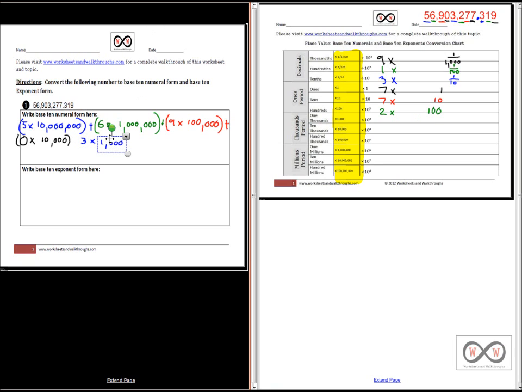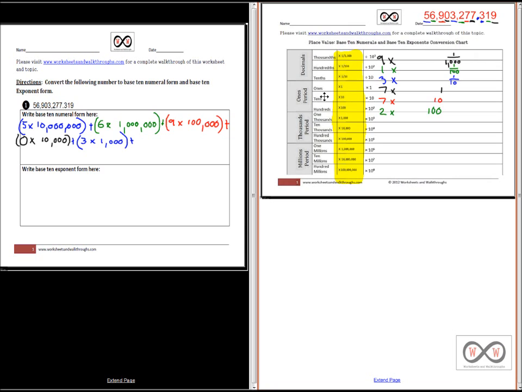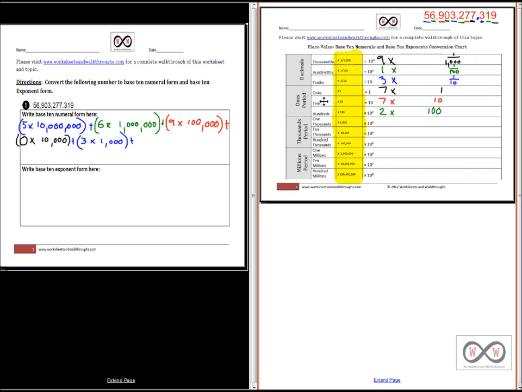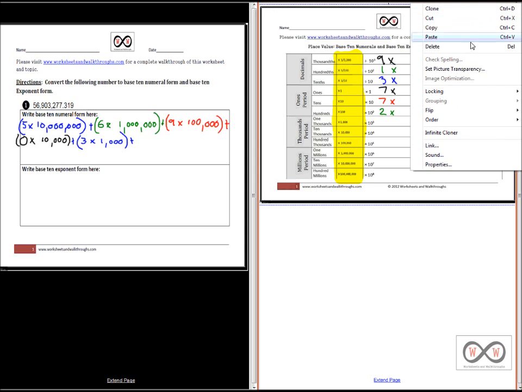All right. And we'll add it to this next place over here. We shifted our place value chart around. That's a little confusing. So now we've got that lined up.